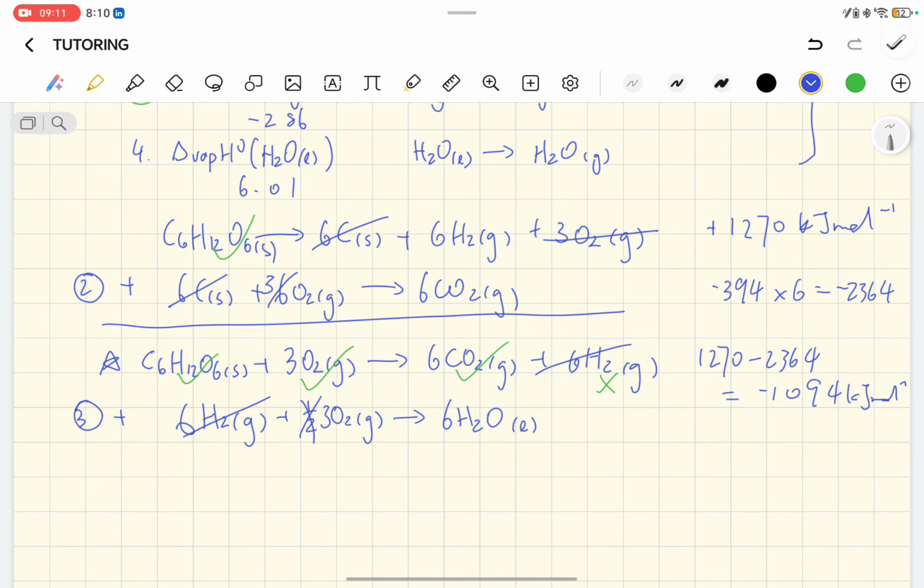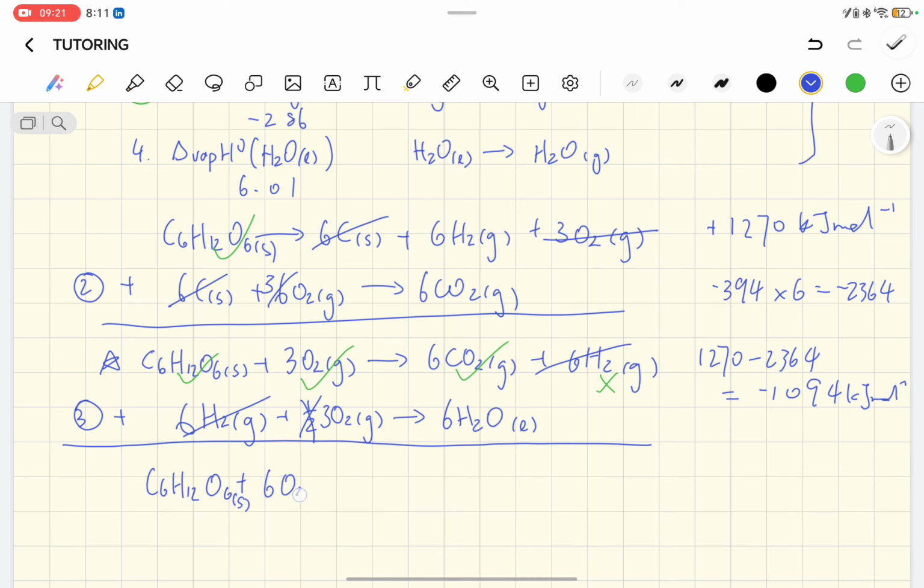Now these two go, and we get C6H12O6. 3O2 plus 3O2 is 6. This is solid. 6O2 gas goes to 6 moles of carbon dioxide gas plus 6 moles of H2O liquid.